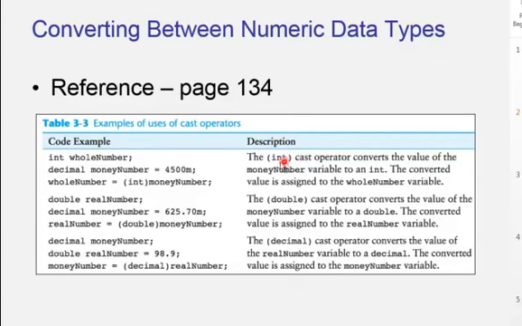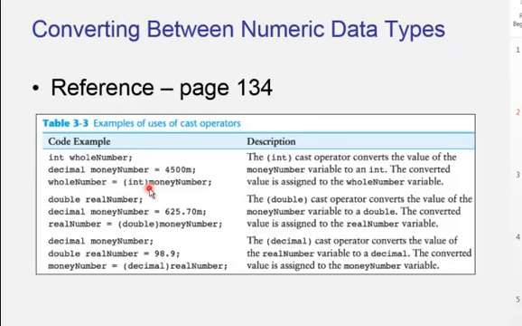So here we have whole number, which is an integer, and we have money number, which is a decimal, and money number for some reason needs to be assigned to the integer variable. Now the data type must agree, integer to integer. See the cast here? That will allow us to say it's the same data type on both sides of the assignment operator, so that can happen.